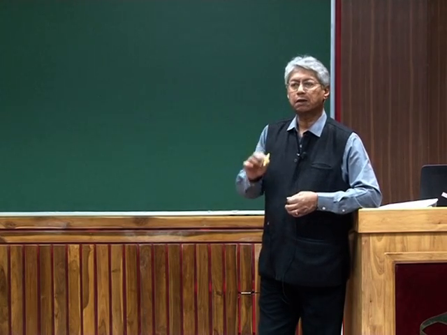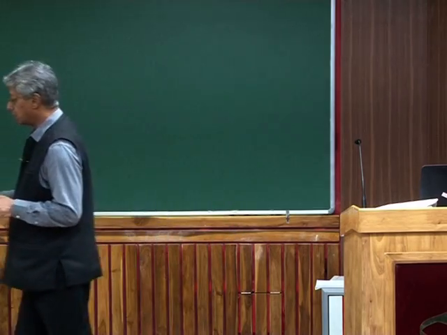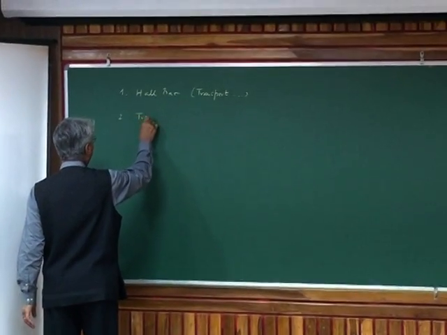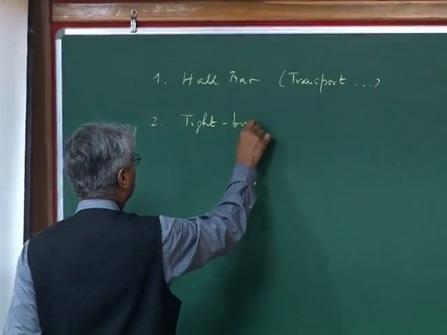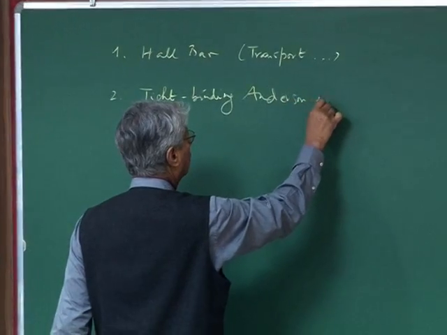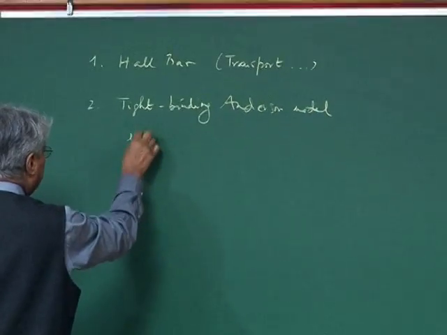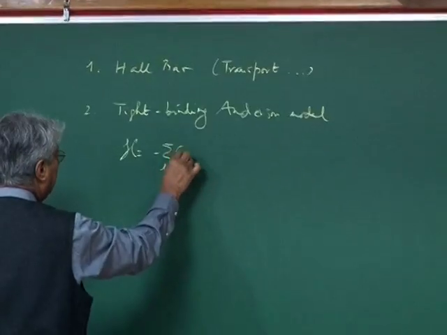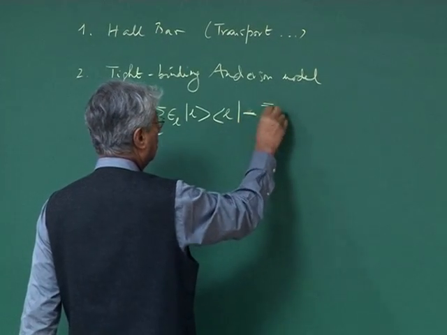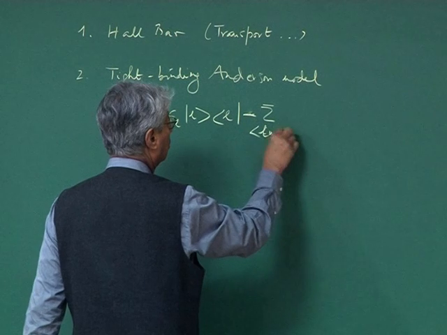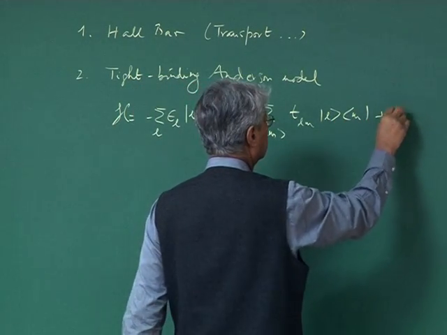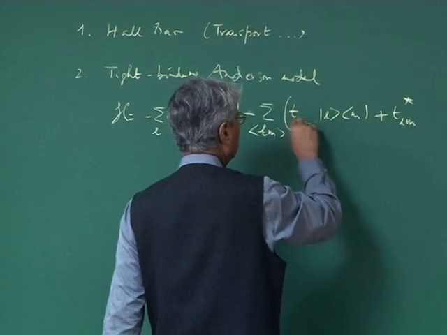is very interesting that happens is, so we did this whole bar. We again went back to the tight binding Anderson model, where you had H as summation over L, site energy minus hopping term T_LM plus T_LM star, that is the Hermitian adjoint term.